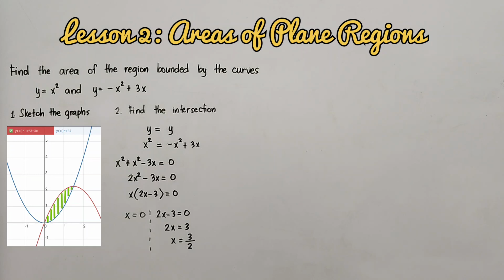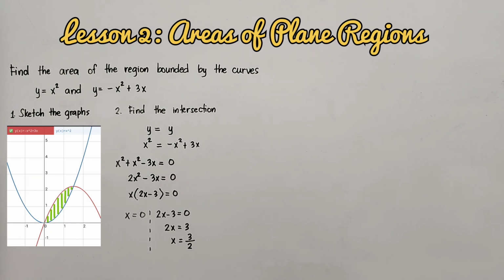Combining all the terms on the left, that becomes x squared plus x squared minus 3x equals 0. x squared plus x squared is 2x squared minus 3x equals 0. By factoring, that is now equal to x times 2x minus 3 equals 0. We equate both factors to 0, so our first x is x equals 0, and the second x is equating 2x minus 3 to 0, so that is x equals 3 over 2.